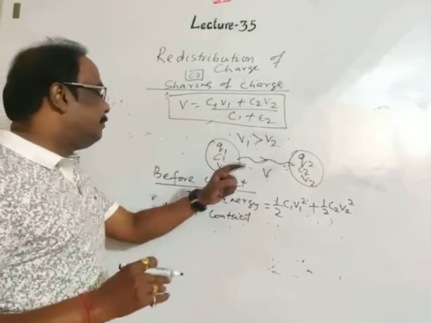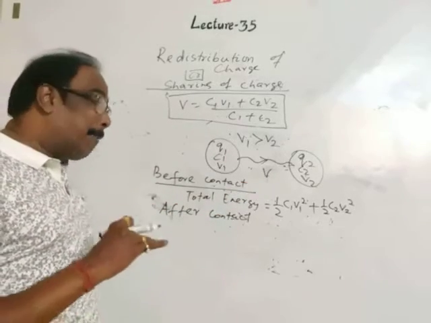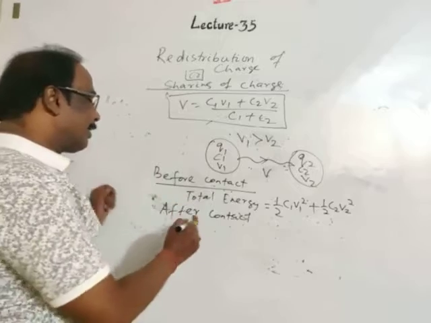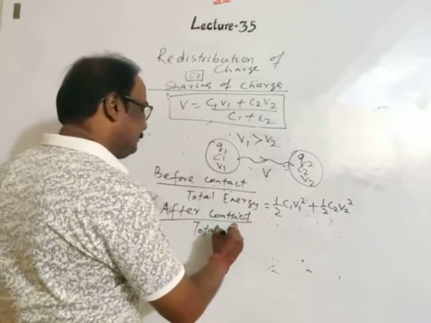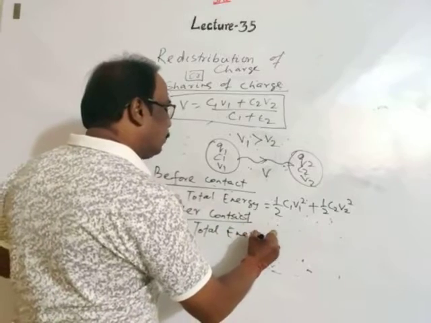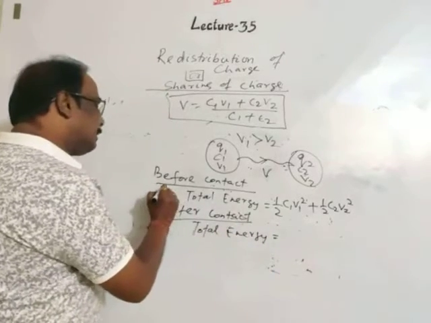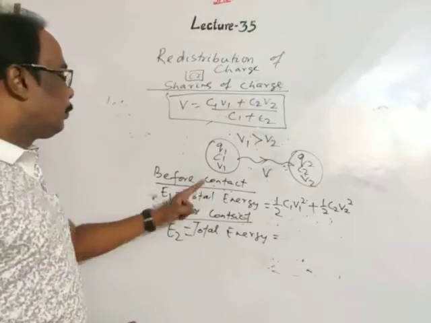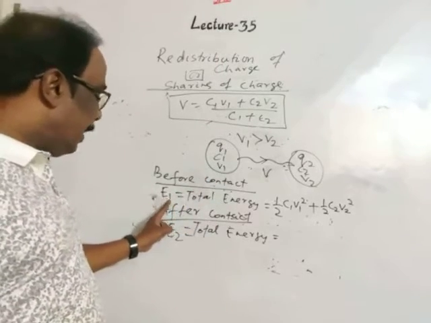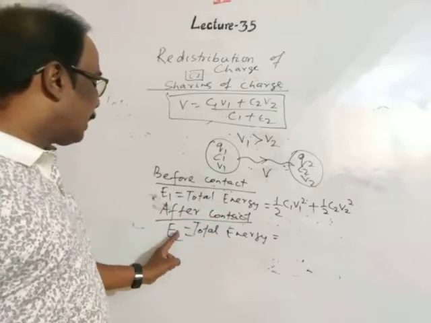Okay. So V is the common potential. After contact, total energy. Total energy before contact is E1, total energy after contact is E2.